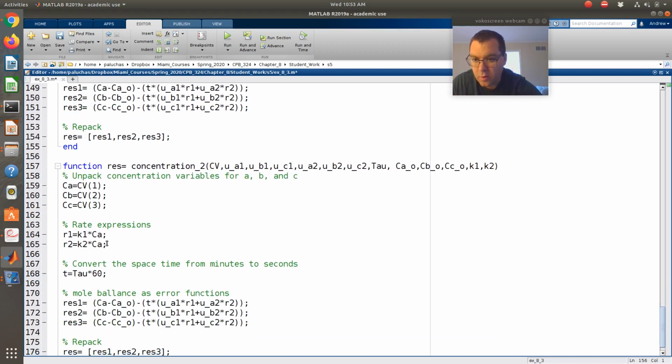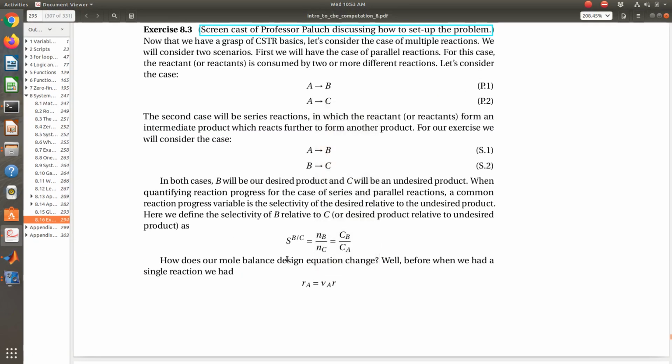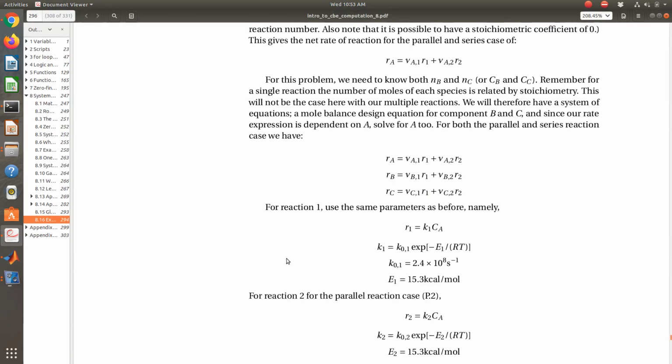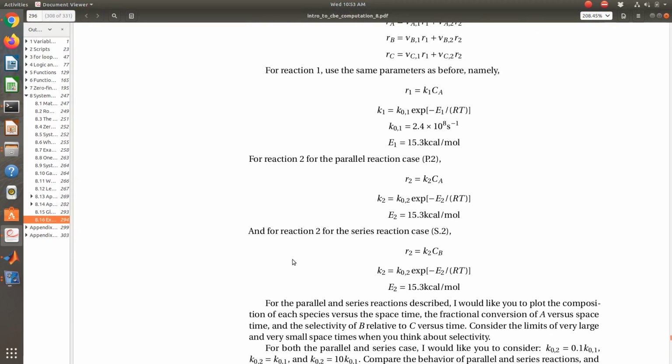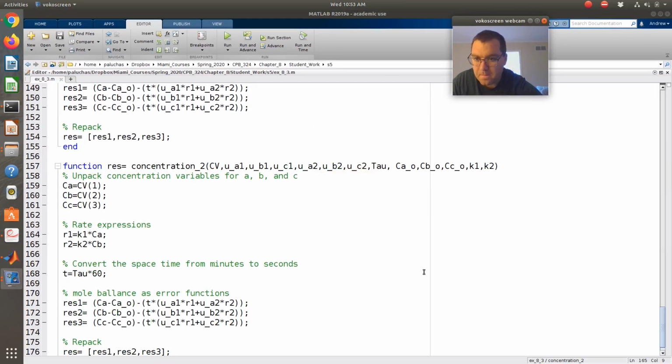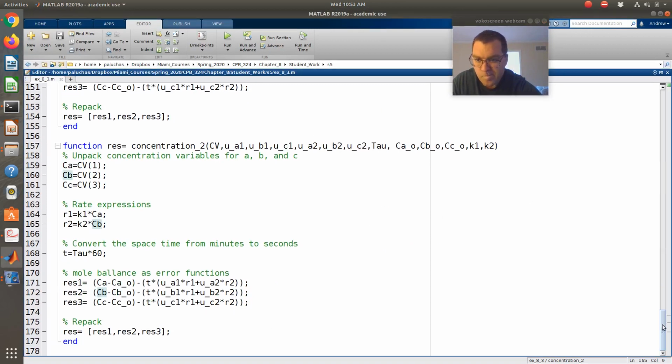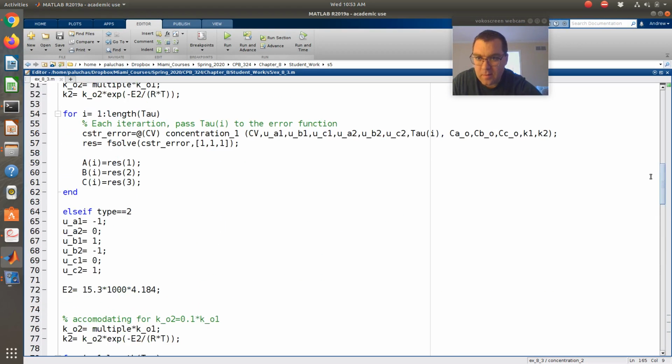Okay, rate 2 should be first order in B. All right, for series. Okay, so you have that fixed. And then that's exactly the same, so it should be right.